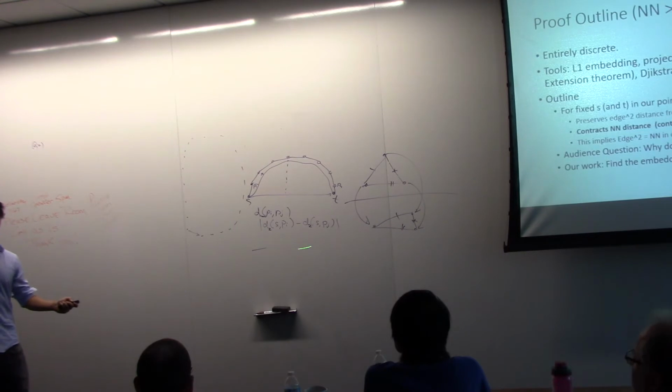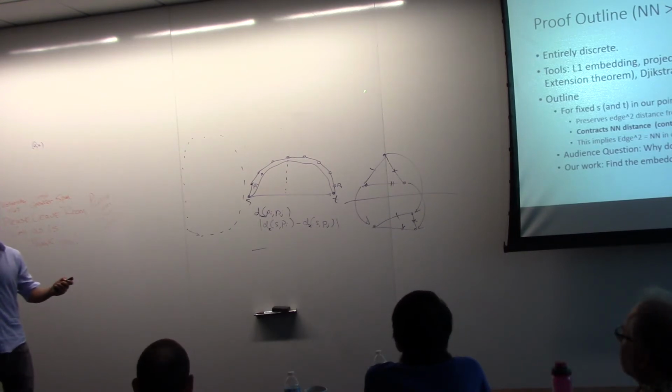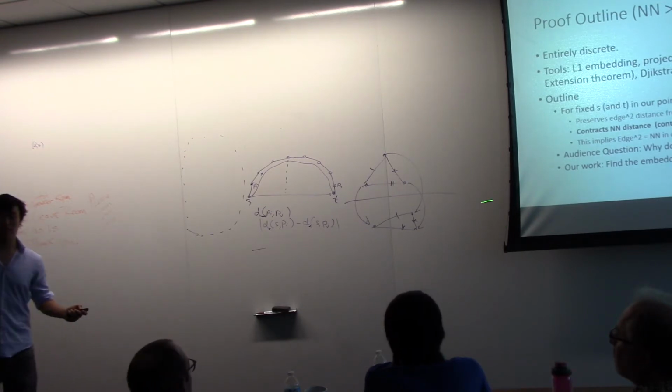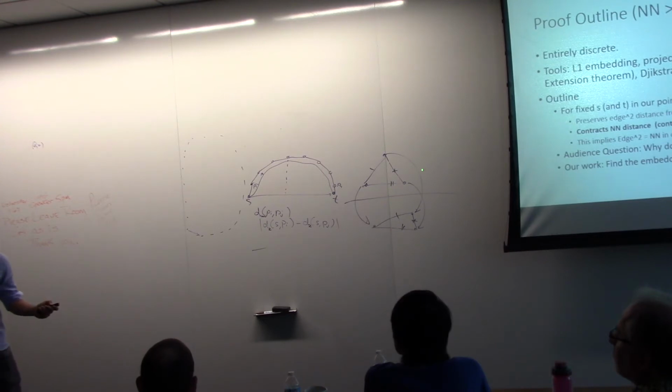This is a line embedding. So you lay down your distances in the edge squared metric on a line. Then you take the square root of all distances in the line. And I claim that result will give you a set of points such that the edge squared distance is the same, but all your Euclidean distances contract.